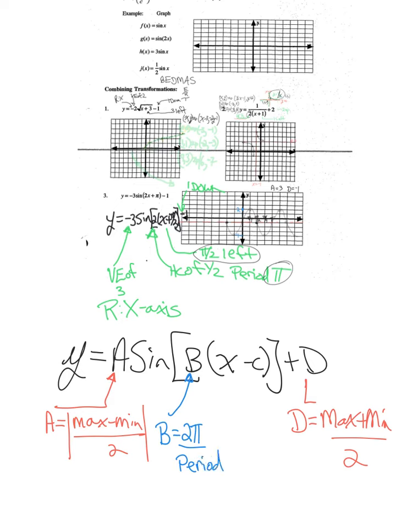So B is 2 pi over the period, or rearranging this, if you're looking at a function, the period is 2 pi over B. Of course, C is giving you your phase shift to the left or to the right.